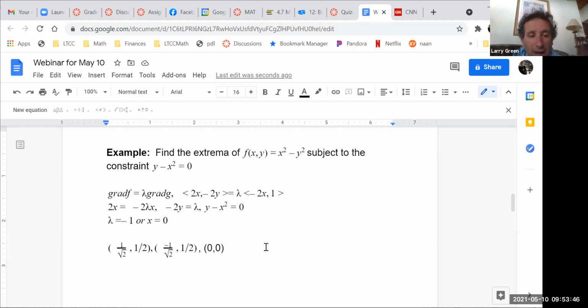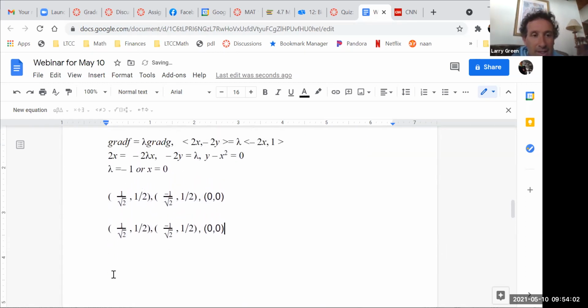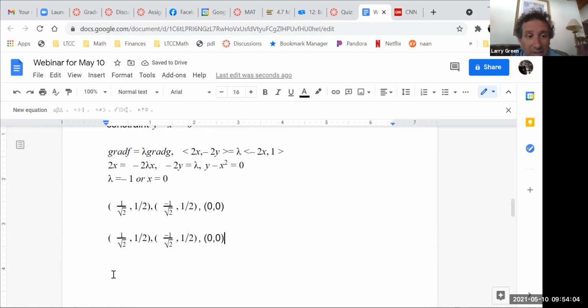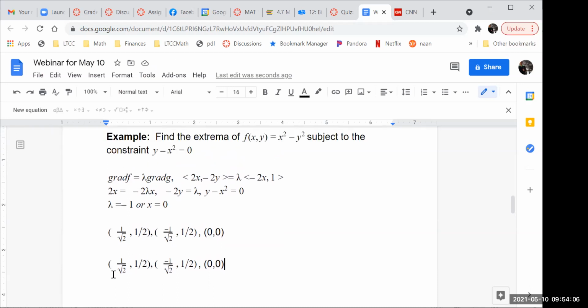Okay, these are the possible extrema. How do you decide what the max is and what's the minimum? Do we use the second derivative test? Yeah. One more guess.